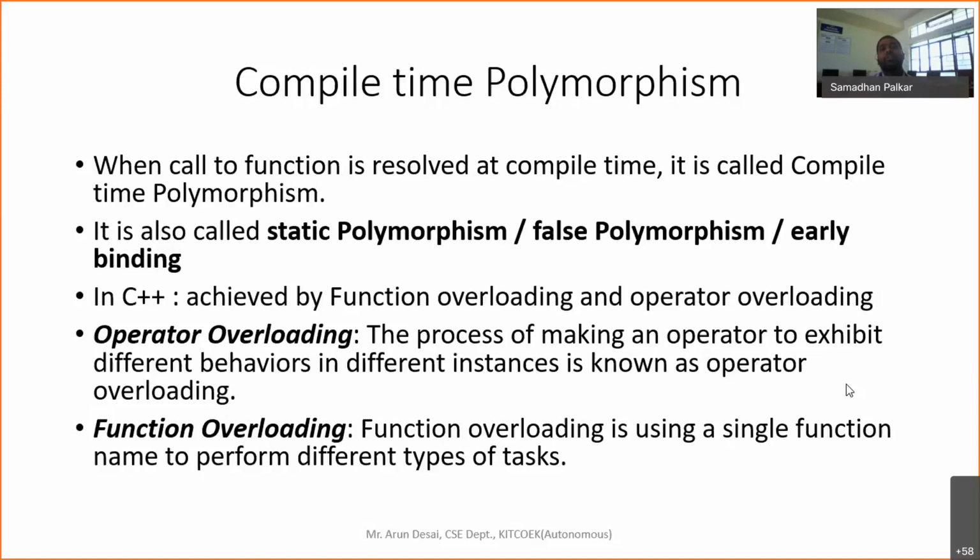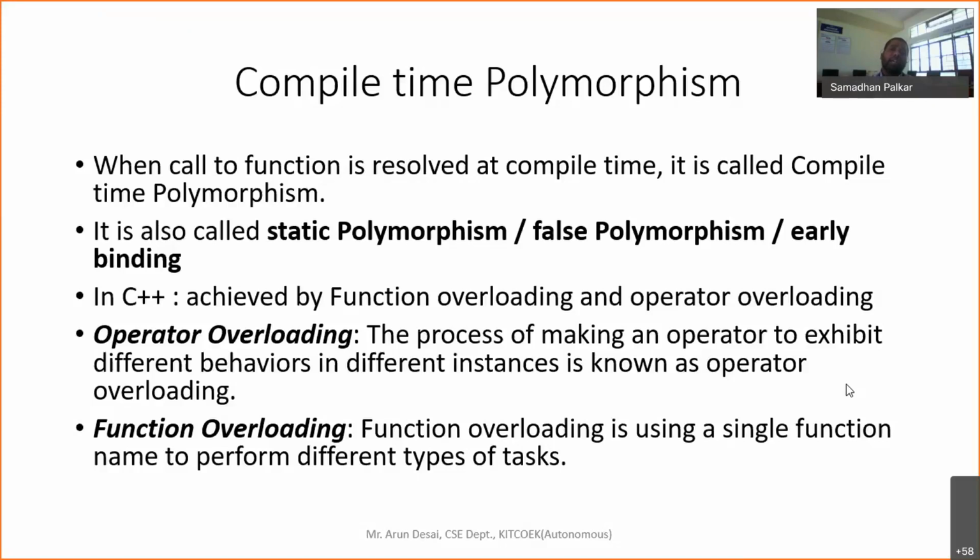There are different names for this. Compile time polymorphism is called static polymorphism, false polymorphism, or early binding. When that call is resolved at compile time, it is called static polymorphism, false polymorphism, or early binding. How is compile time polymorphism achieved in C++?